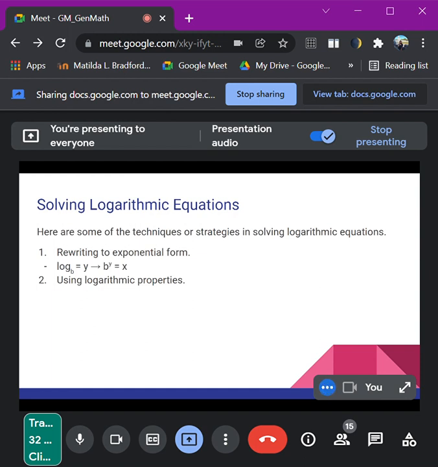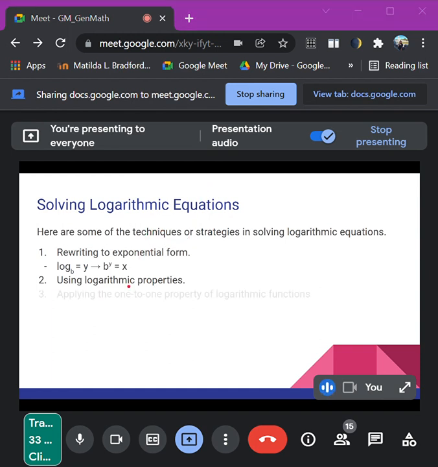You need to decide whether the given should be changed into exponential form, or whether you will just use logarithmic properties to solve it. It is not necessarily that step 1 is rewriting and step 2 is logarithmic properties. These are just ways or techniques.